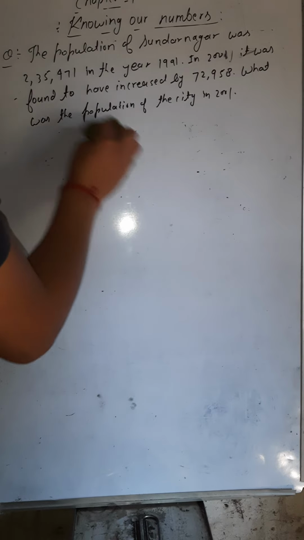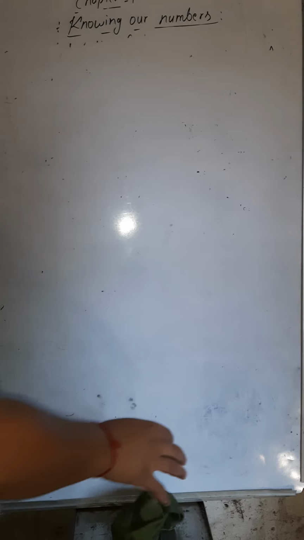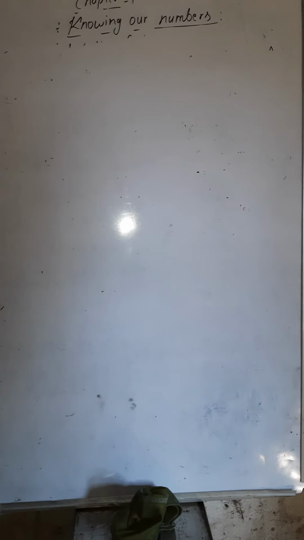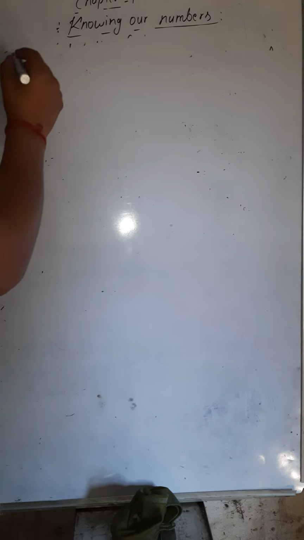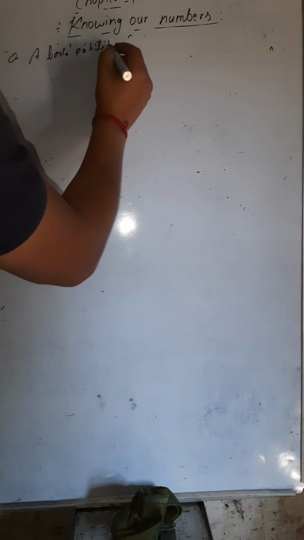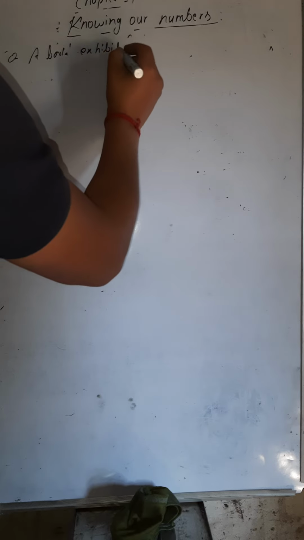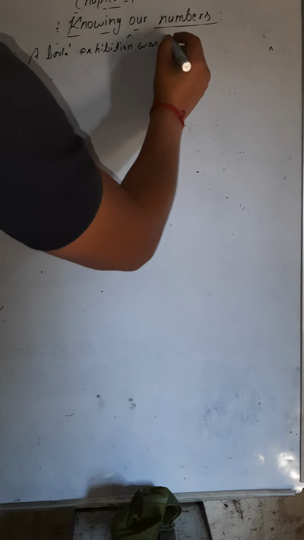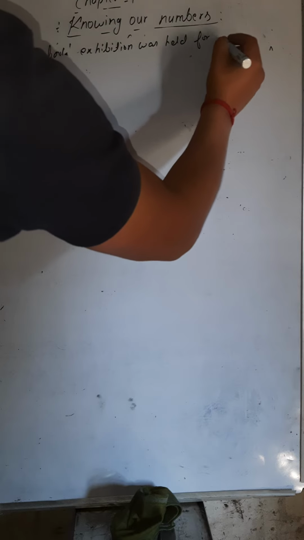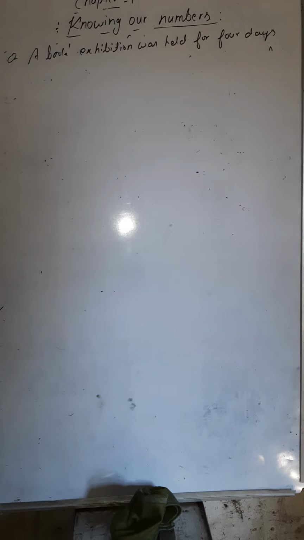Question number next is, just write down the question which you have to do on your own. A book exhibition was held for 4 days in a school.